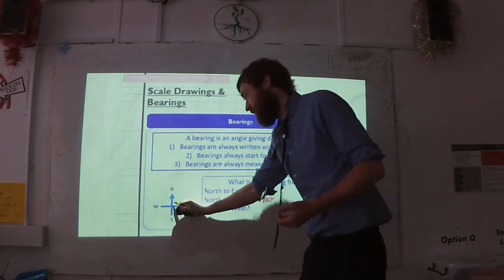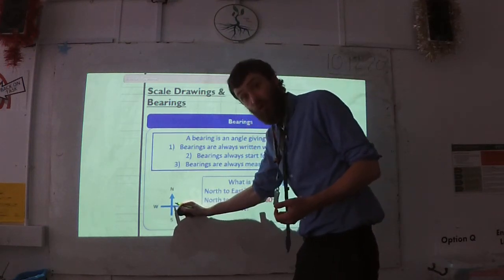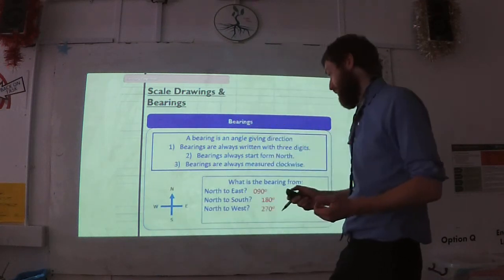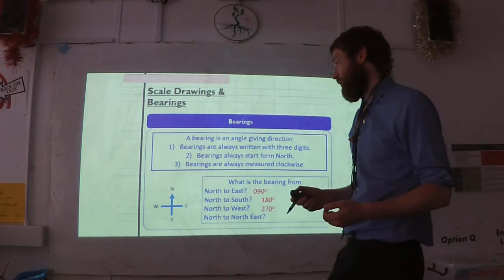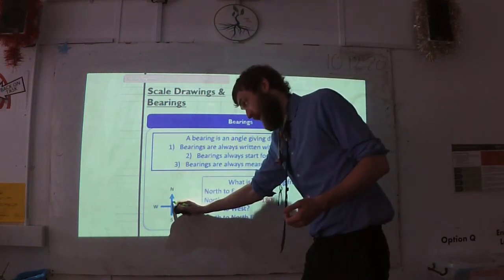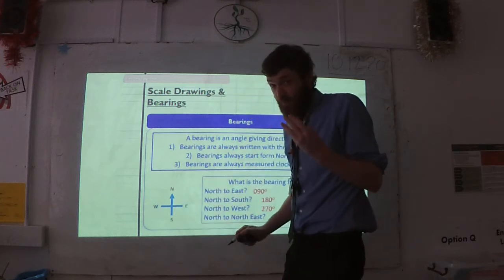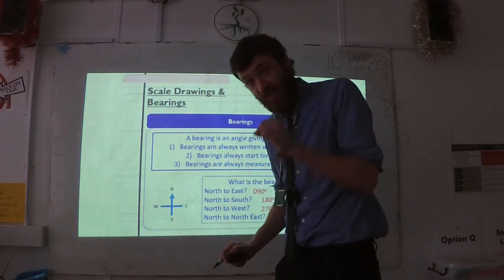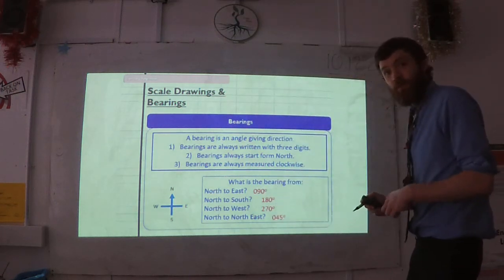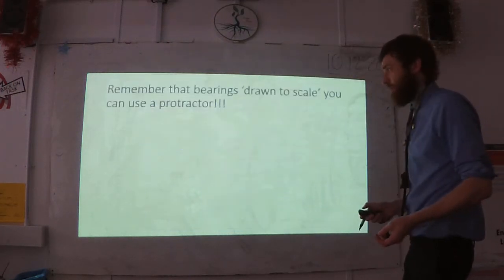From north to west, you cannot go that way, it's clockwise we must go, so therefore from north, we go all the way around to west, so it's 270. And then north to northeast, northeast you know is here, so therefore it would go from here clockwise to there, 45 degree angle, but you must say 045 because it is a bearing. Alright, so therefore they're the very basic parts of bearing.